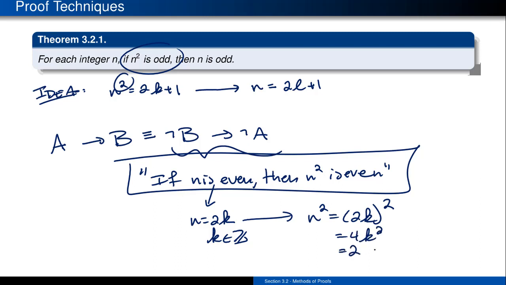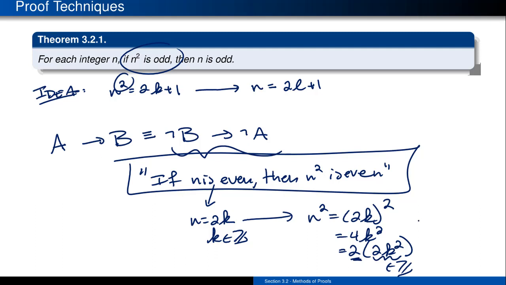I can break a 2 off of that to turn it into 2 times 2k squared. Now you see this 2 multiplied by something, and that thing is most certainly going to live in the set of integers. I have this k, which was an integer. Squaring it keeps it as an integer, and then multiplying it by 2 again keeps it as an integer.